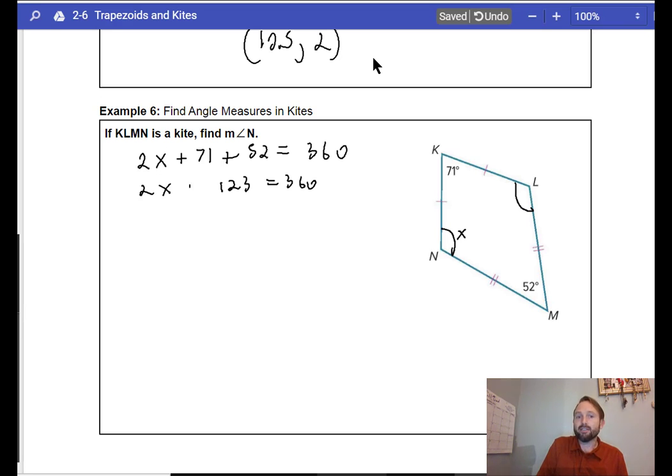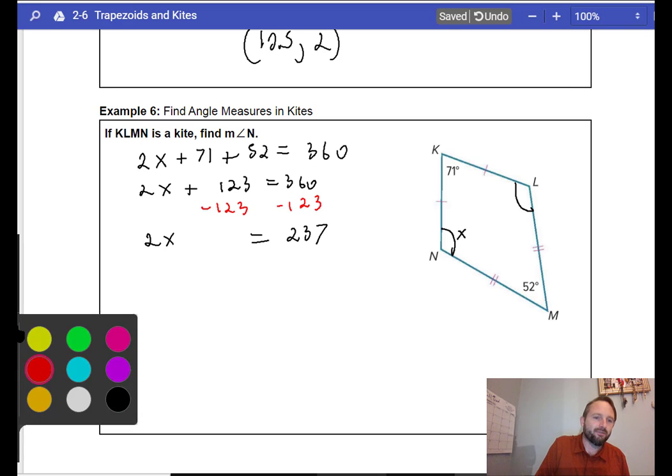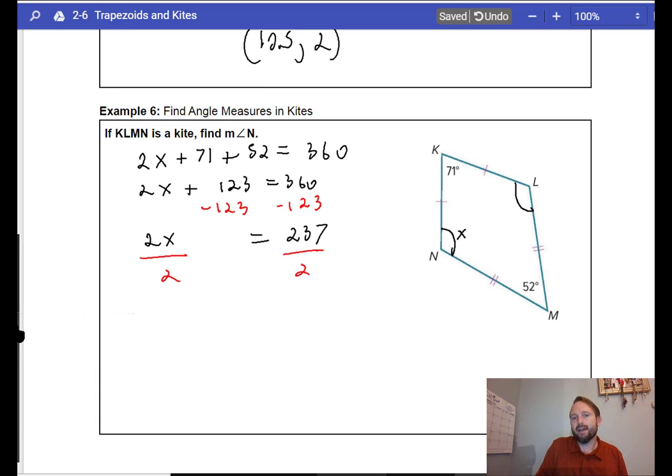Now I could subtract 123 on both sides as we're trying to isolate x, and when we do that, we get 237. Now we could divide by 2 on both sides, and as we slowly isolate x, we get the measure of angle N is equal to 118.5 degrees. All right, let's go on.